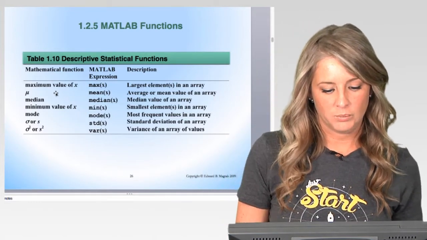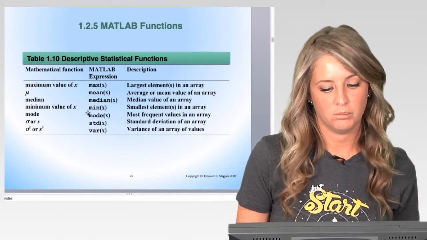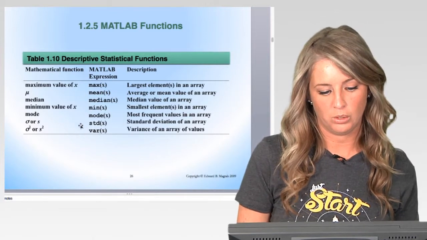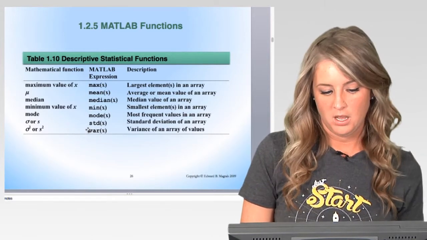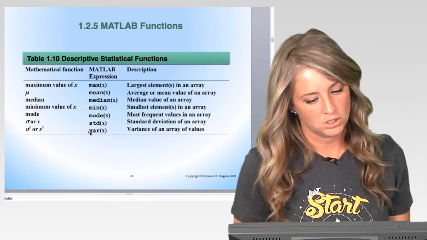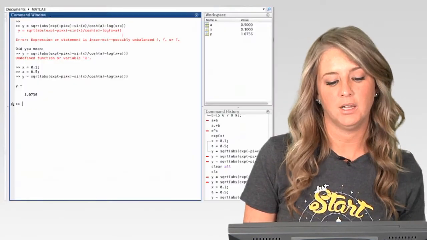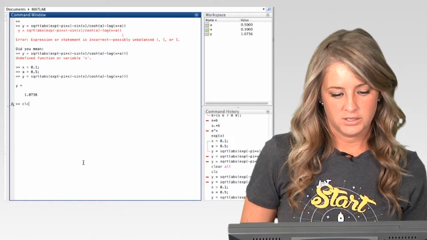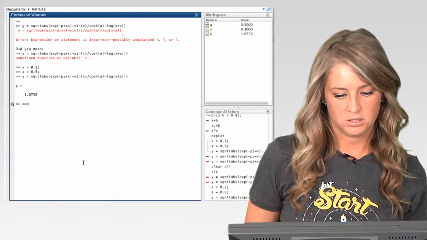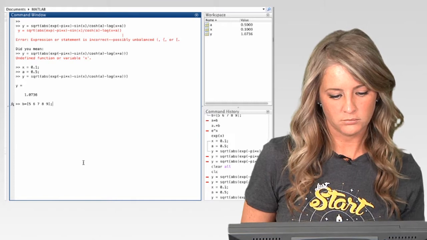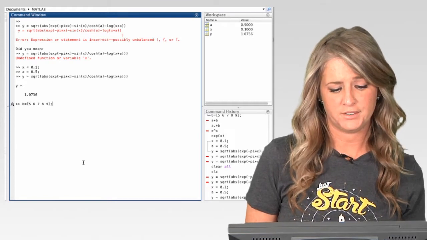So let's say that we want to find the maximum value in an array or the minimum value in an array. We can find the standard deviation, we can find the average. It provides us all these tools right in MATLAB to be able to do that. So let's say that I go back to one of these vectors that I created here.